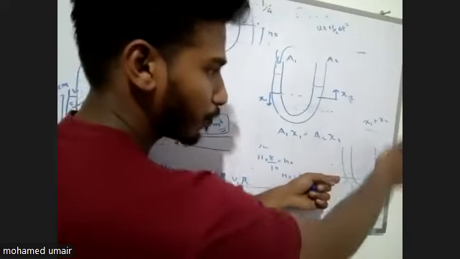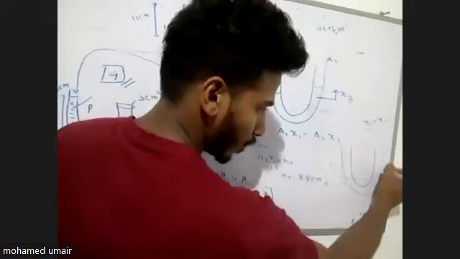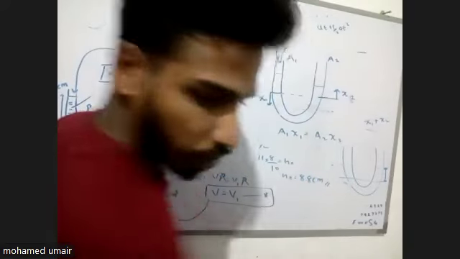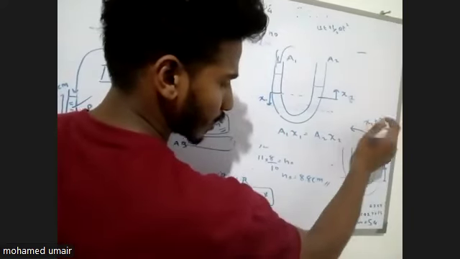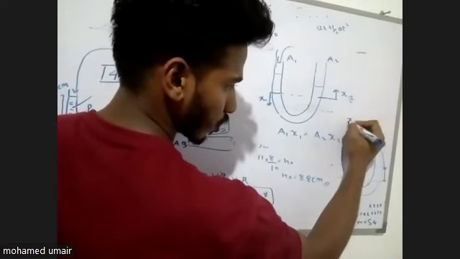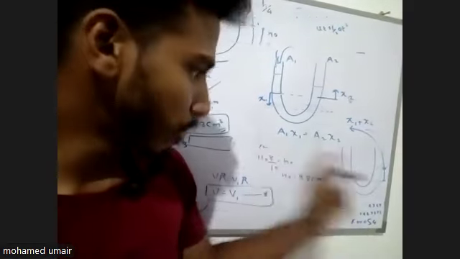From here it went up by distance x2. So the height of the water level from the common interface will be x1 plus x2. So inshallah, I'll get you a better question for that. For now, just get that idea, okay?